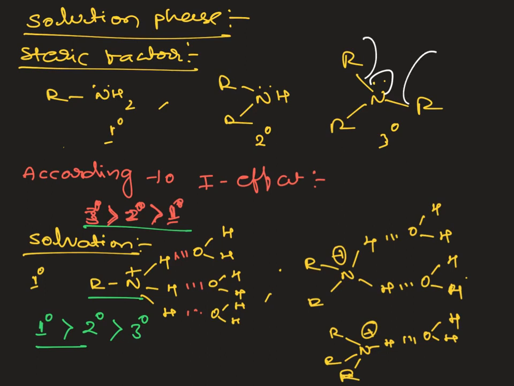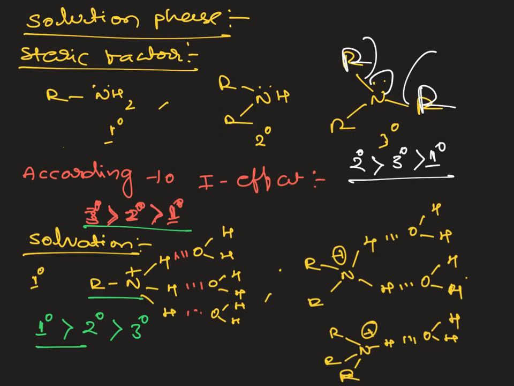The alkyl groups present there occupy space, and because of that the lone pair of electrons on the nitrogen is less available for donation. Hence, according to the steric effect, secondary amines are more basic than tertiary, followed by primary.